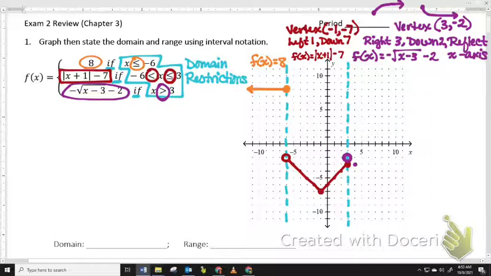I probably don't want to use 5 as an input value. 5 minus 3 is going to give me a 2 under the square root. I don't know what the square root of 2 is as a whole number. What is a number that I could put in for x that I would know the square root of? Yes? 7. 7 minus 3 gives me 4, and I do know the square root of 4.